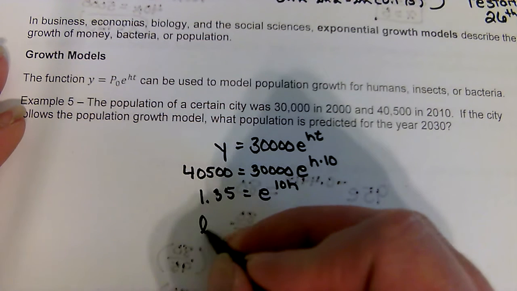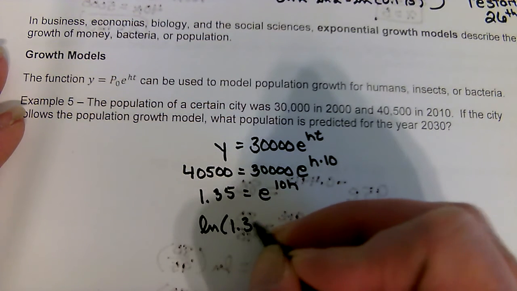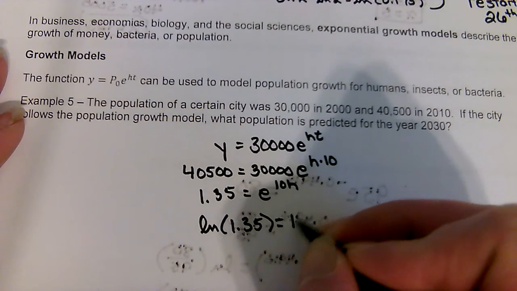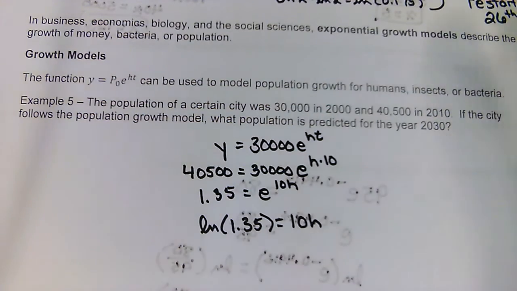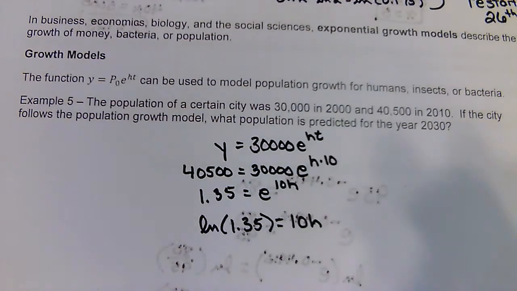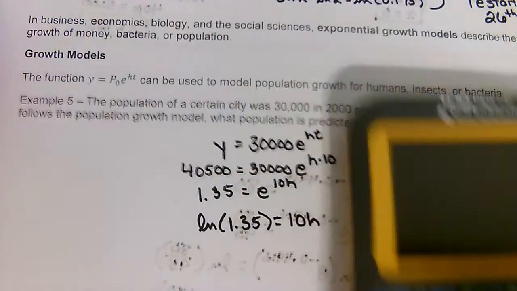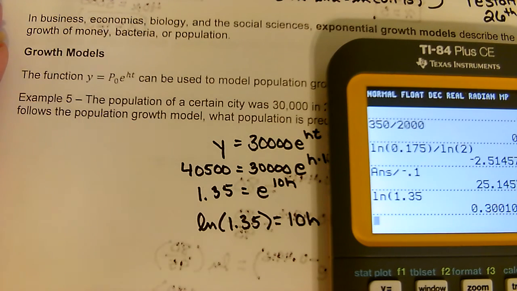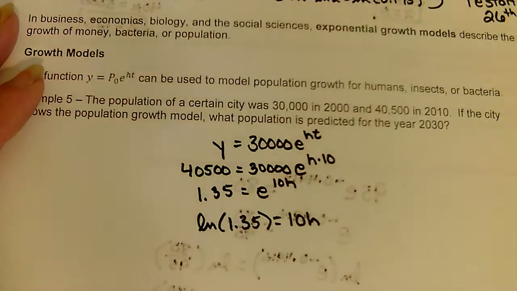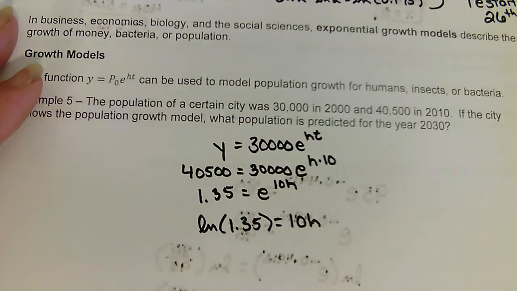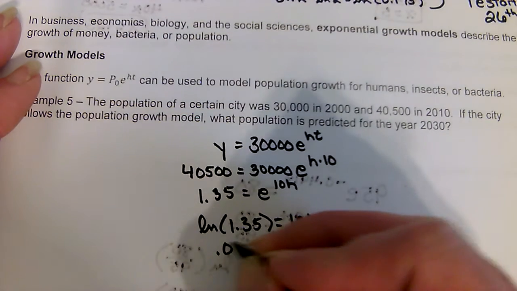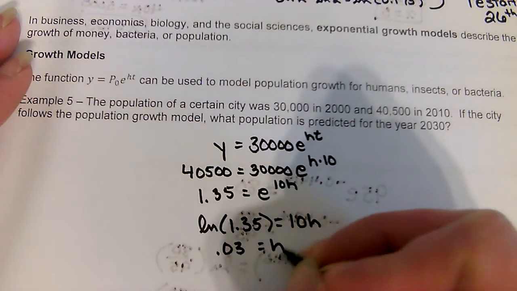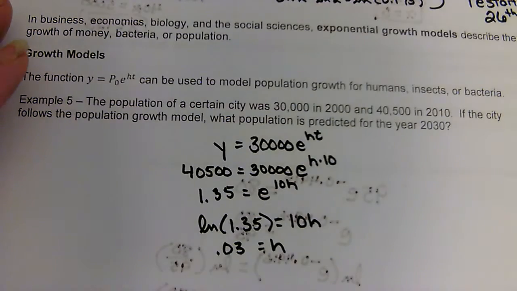Because it would be the natural log of 1.35 equals 10h. This is why we really like logarithms in base e. Then I would take the natural log of 1.35, divide that by 10, and get 0.0300. So 0.03 would be approximately our h.